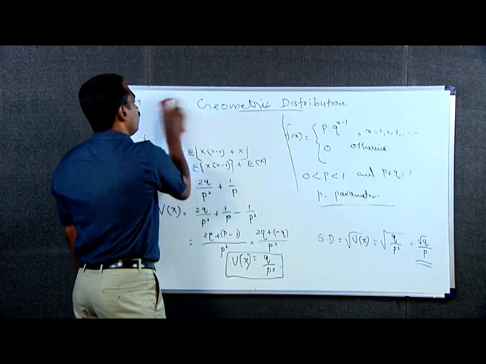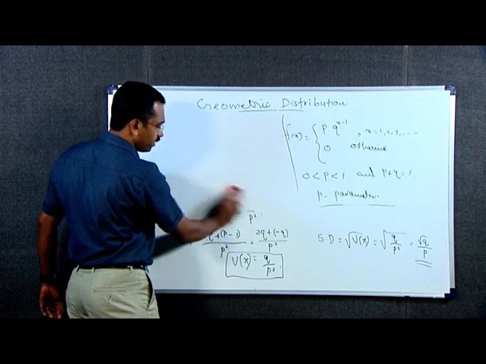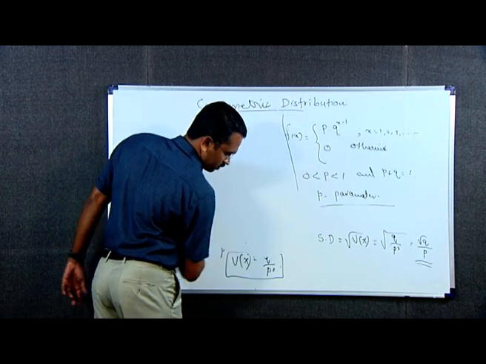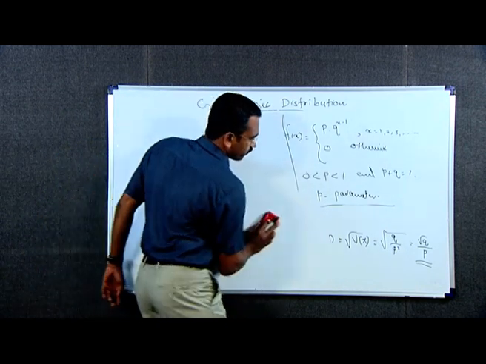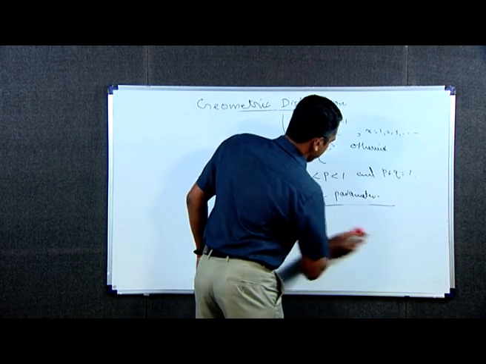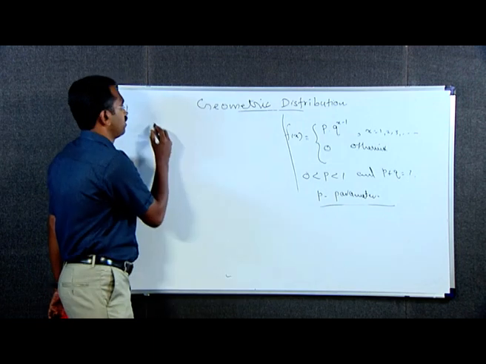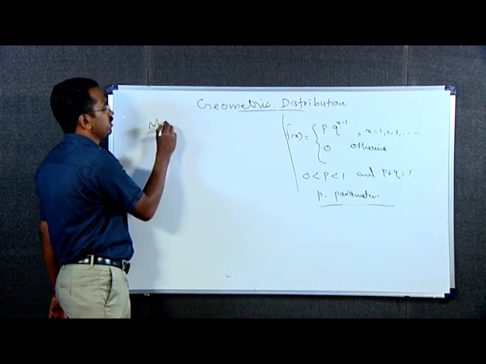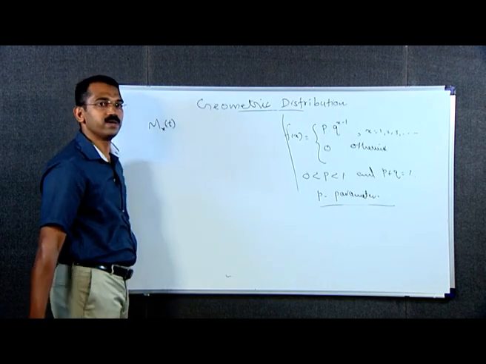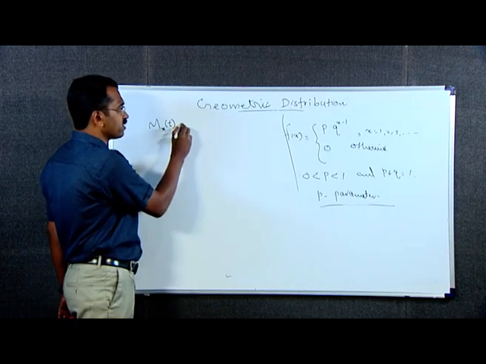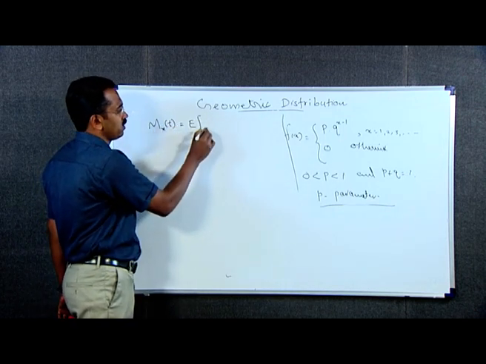Now we can find the moment generating function. The moment generating function is denoted as M x of t, which is defined in terms of expectation.